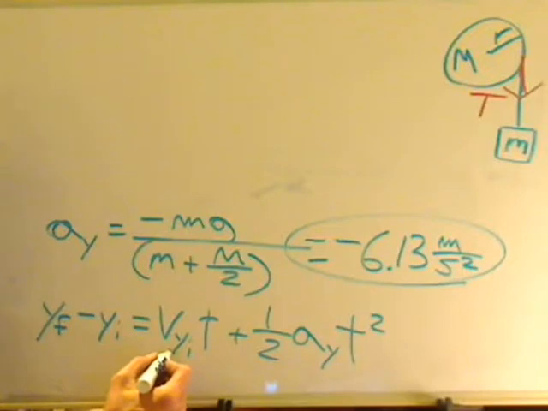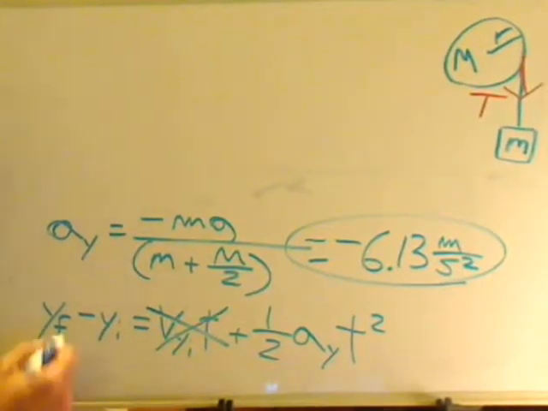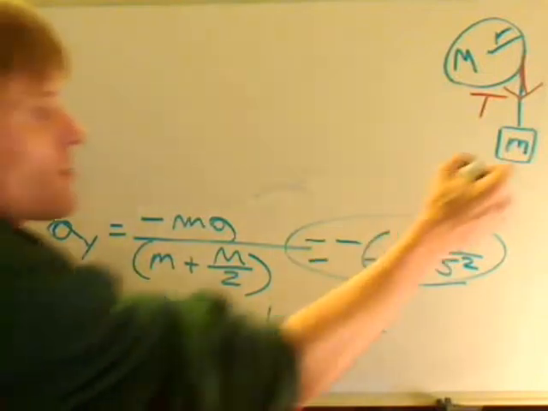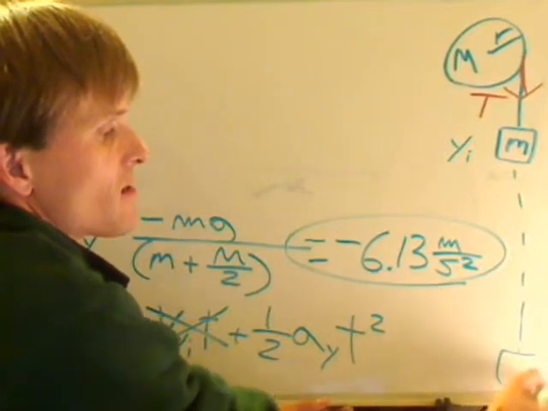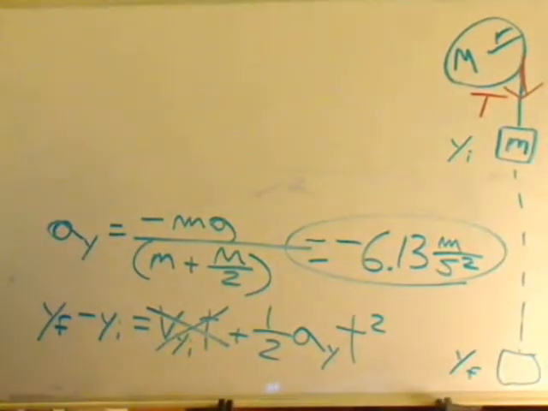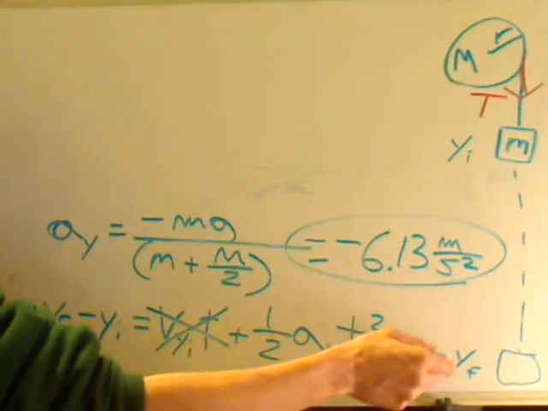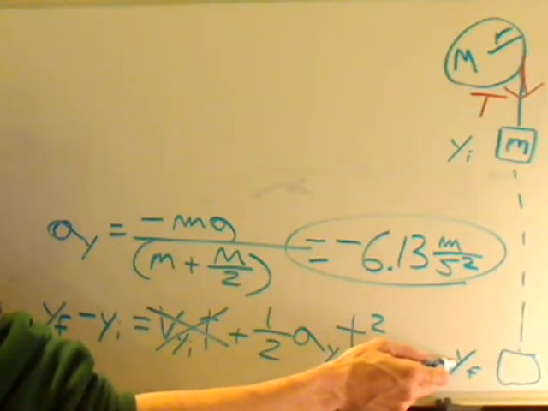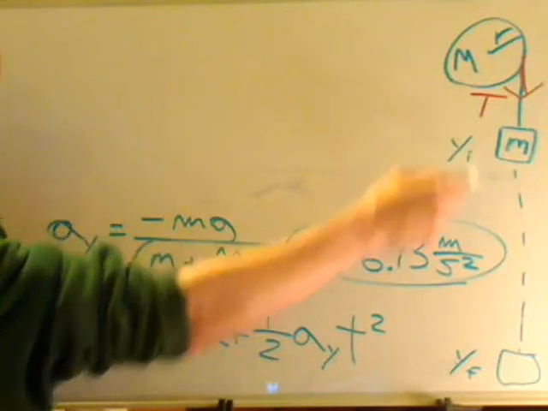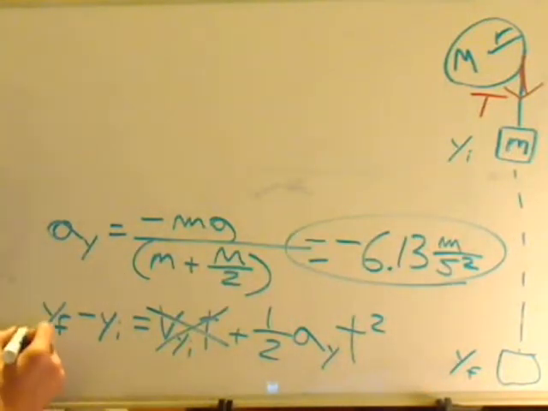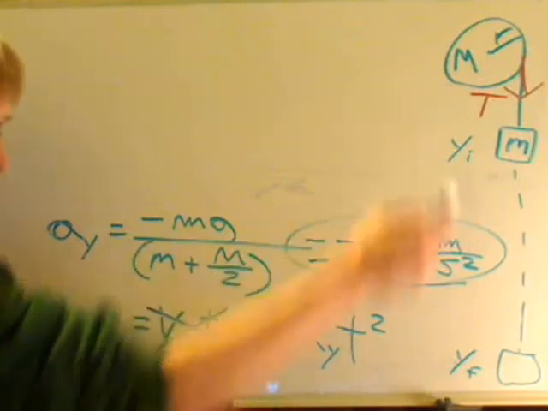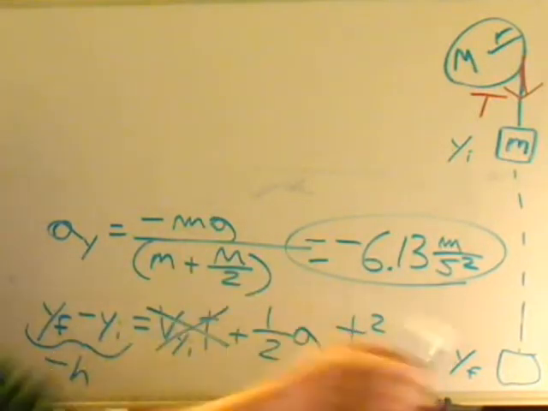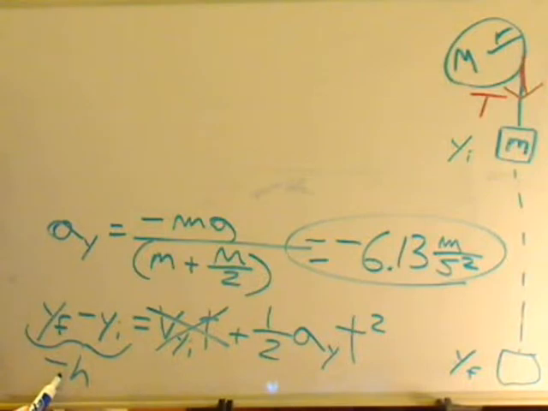So this term is going to be 0. Now what is y final minus y initial? Well, here's our initial position, and here's our final position down here. If this is our height of 0, and this is our height of 4 meters, then y final minus y initial is the negative of our height. So 0 minus 4 is negative 4. Our height is 4 meters, so it's negative h.